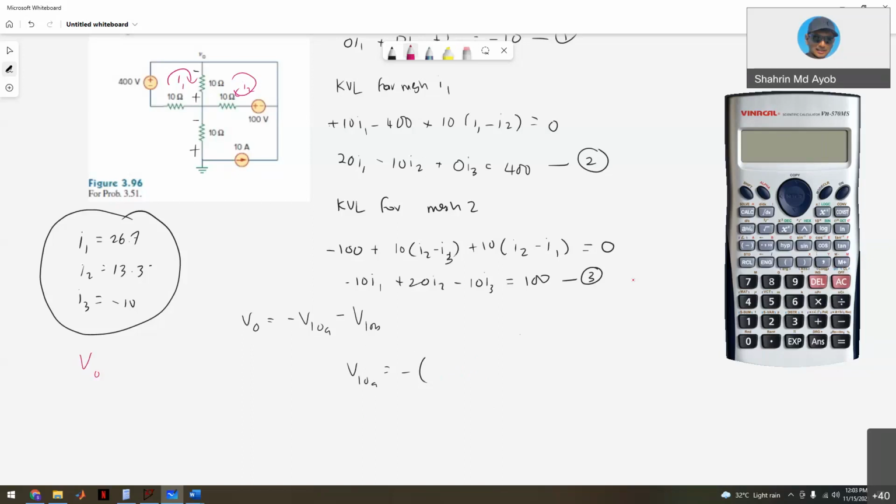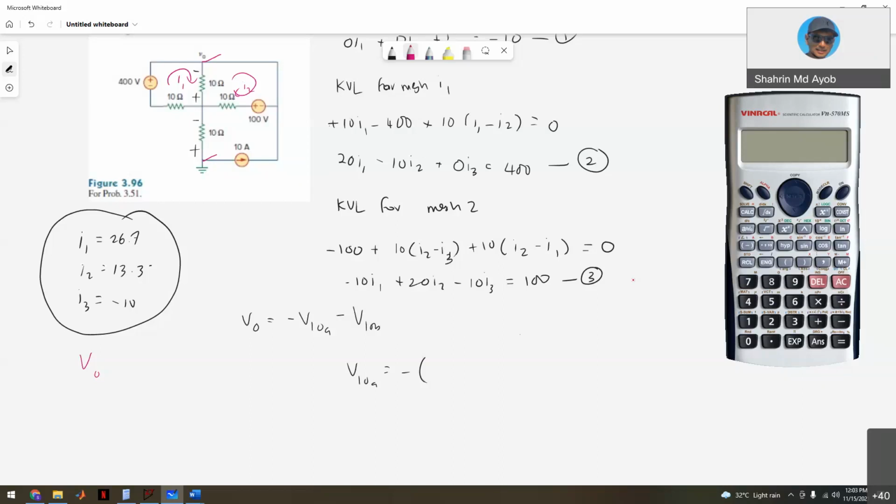We just assume that the polarity is like that.